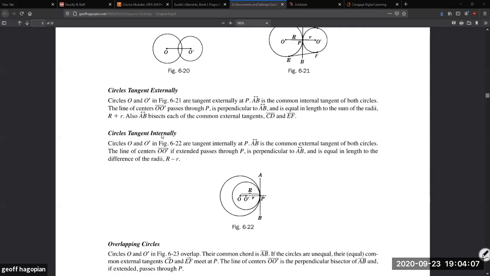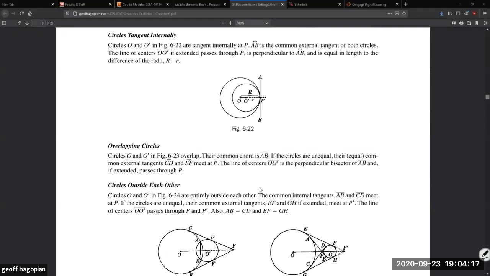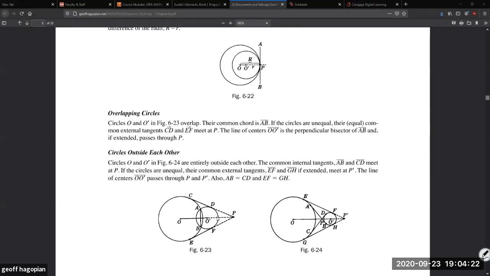Circles tangent internally, so it could be one circle is inside the other circle, and they have a common tangent. Overlapping circles, circles O and O prime in this figure, overlap. Their common chord is AB. Do you see that?